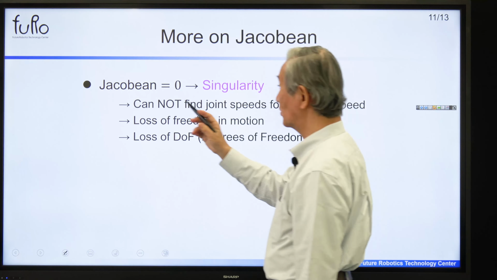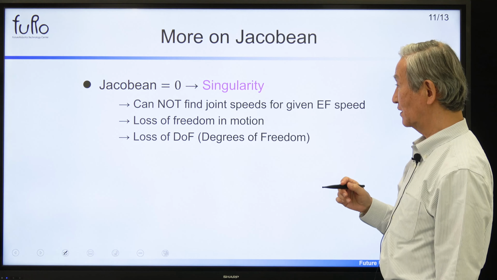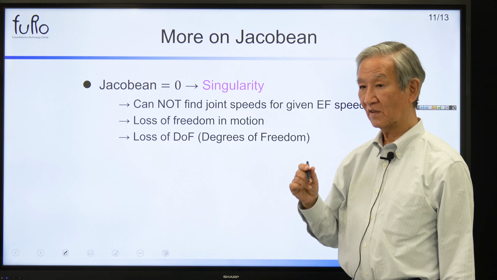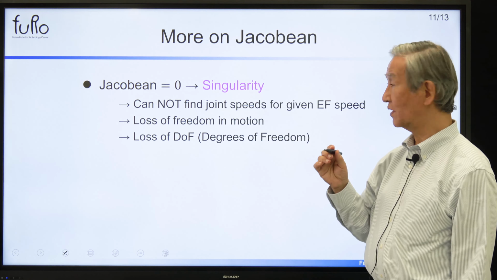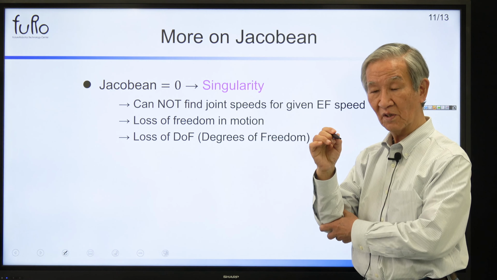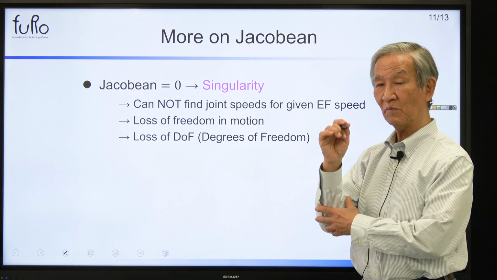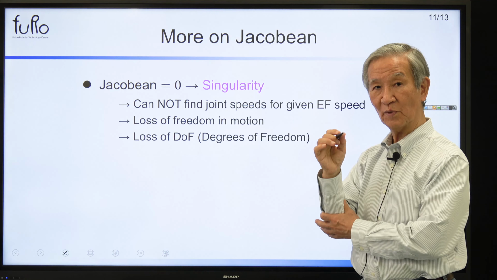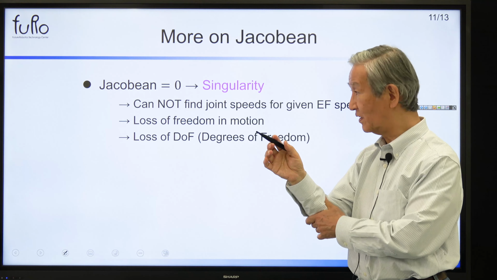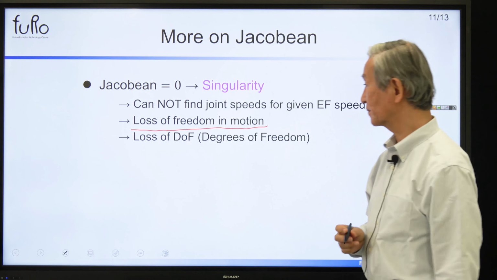So when the Jacobian is equal to 0, we cannot find joint speed for given EF speed. That means even if the end-effector speed is given, you cannot control your robot to realize that end-effector speed. That means that you don't have enough freedom to do that, right? So that's loss of freedom in motion.